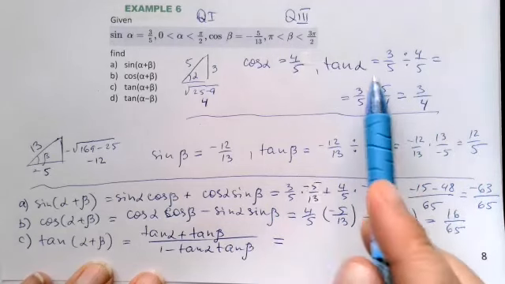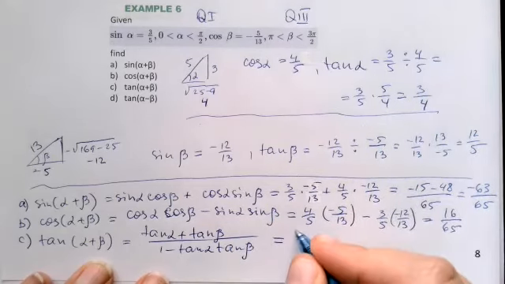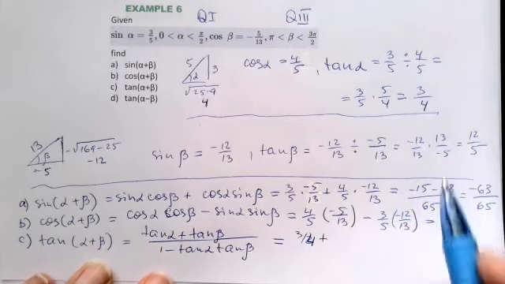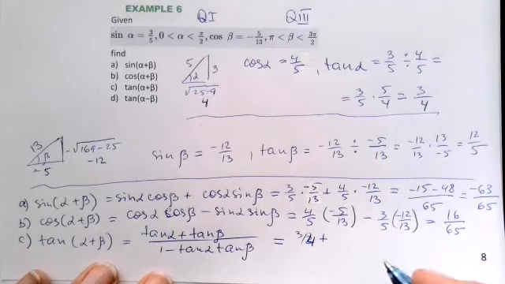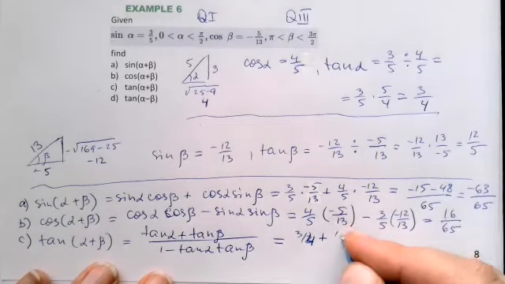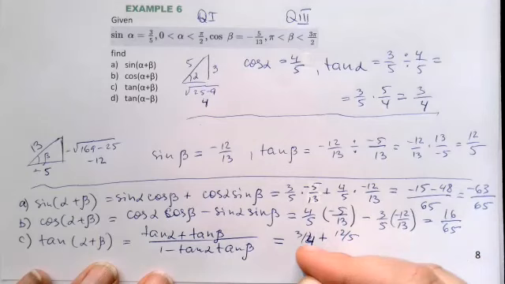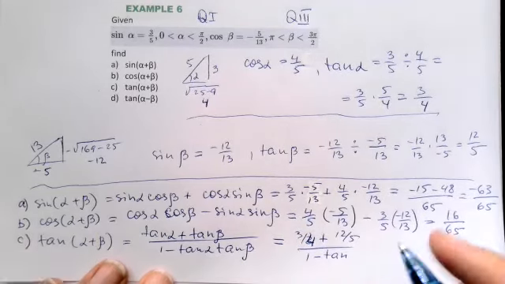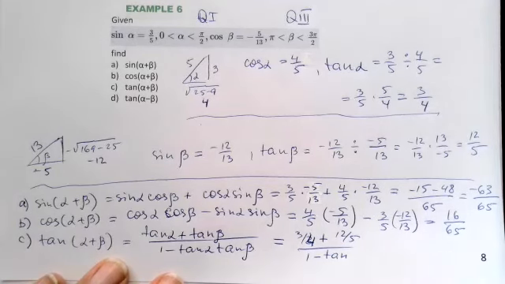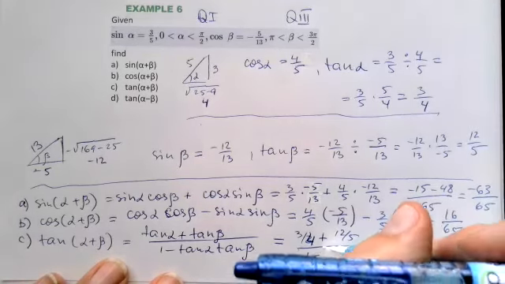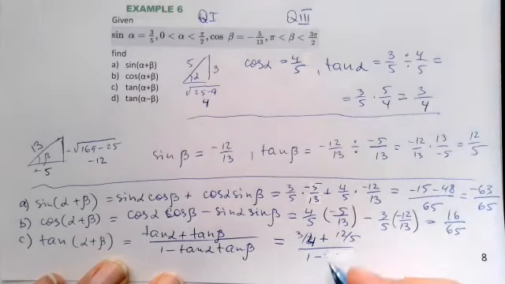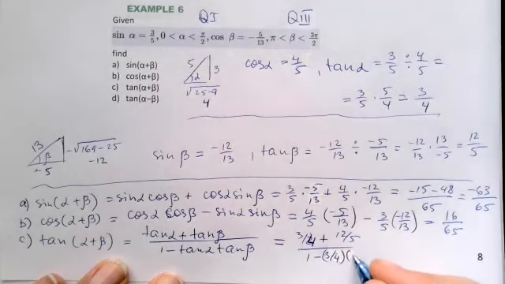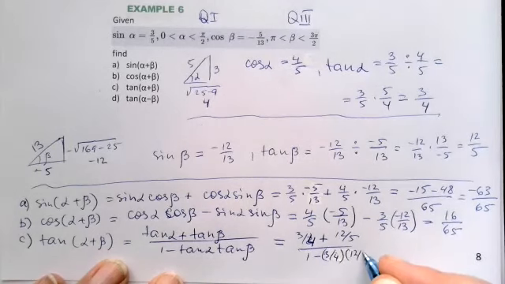Tangent alpha was 3/4 plus tangent beta was 12/5, and 3/4 multiplied by 12/5.